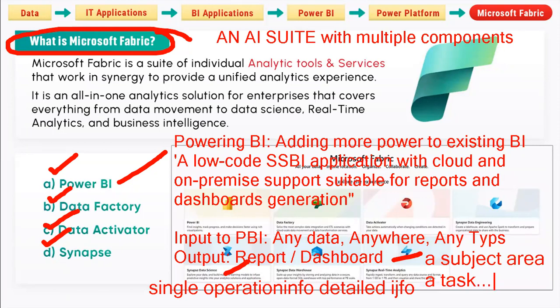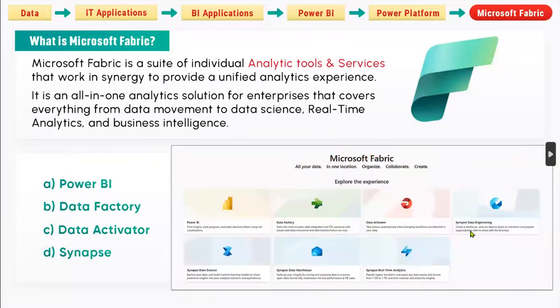Simply, multiple individual operations' information you will take at the dashboard level. So report is for detailed information and dashboard is for high level information with multiple individual operations. So dashboard is the superset and report is the subset, simply. After learning Power BI, in the classroom and in real time, you generate reports and dashboards only. Got clarity? Right. Please go to yesterday's video for more clarity on report and dashboard.